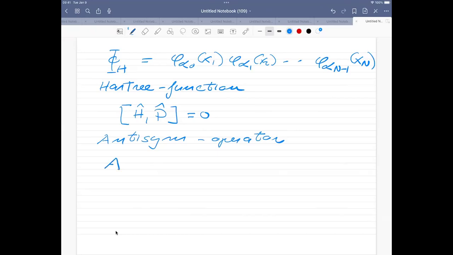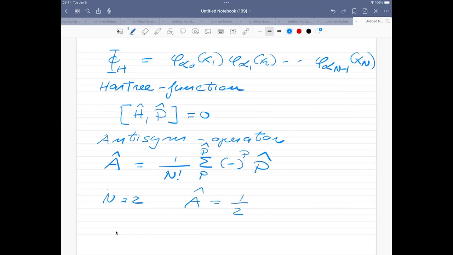And we define that as simply 1 over n factorial, and this is the sum over all the possible permutations of P, and then like that. So just to give you an example, if I take n equal to 2 here, or a 2 by 2 determinant, then this operator is just going to be equal to 1/2.